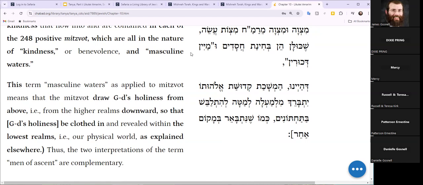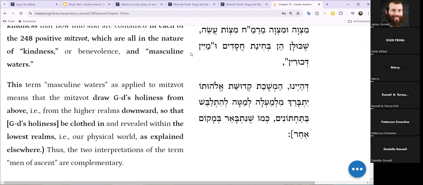Specifically, the Partsuf of Zeir Anpin is the archetype of the human form, which is mirrored in the anatomy and physiology of both the human body and the human soul. Just as the body comprises 248 physical parts, limbs, and organs, both the soul and Zeir Anpin comprise 248 spiritual parts. Just as a physical body has 365 nerves and sinews, both the soul and Zeir Anpin possess 365 spiritual nerves and sinews.